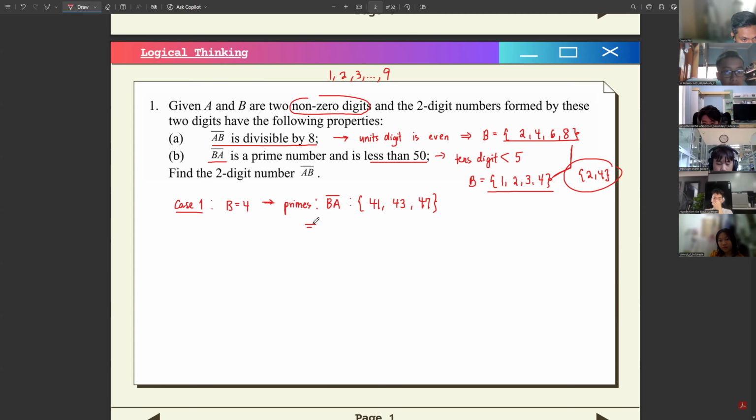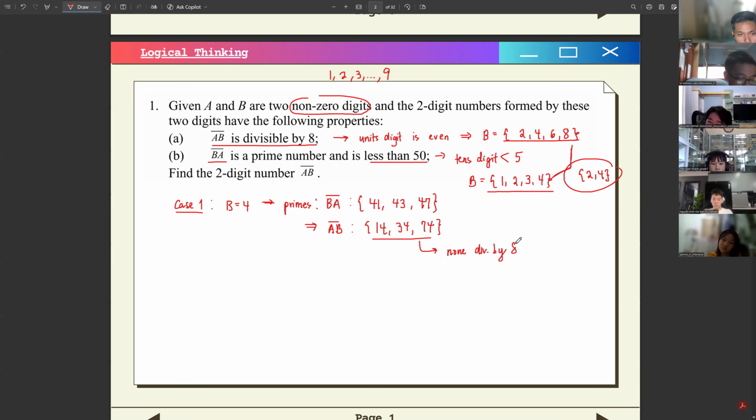And then, if you make an AB, so you just flip the two digits, you would make 14, 34, and 74. Which one of these meets our condition that it's divisible by 8? None, right? There's none. So none divisible by 8. That means we have no answer from this case, no? We can't get a solution from case 1.